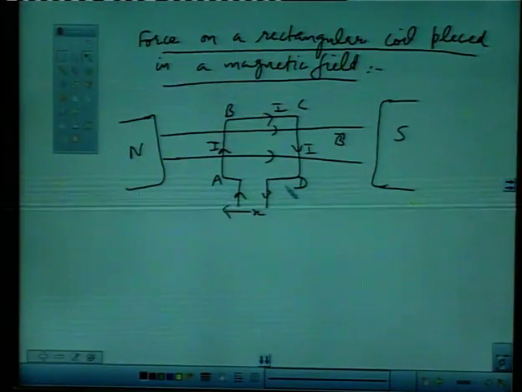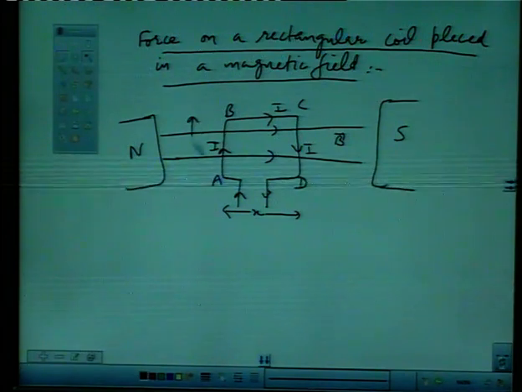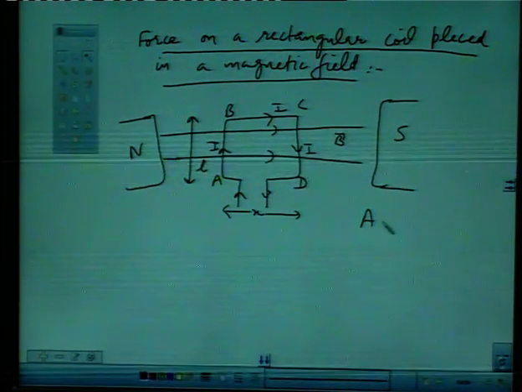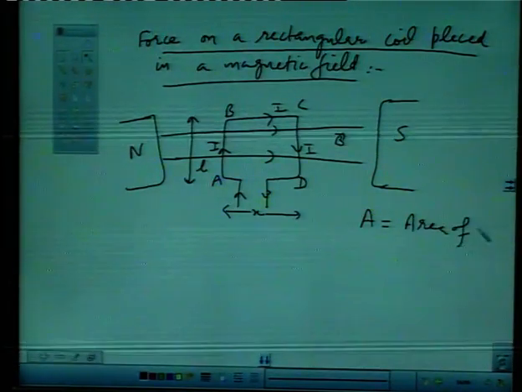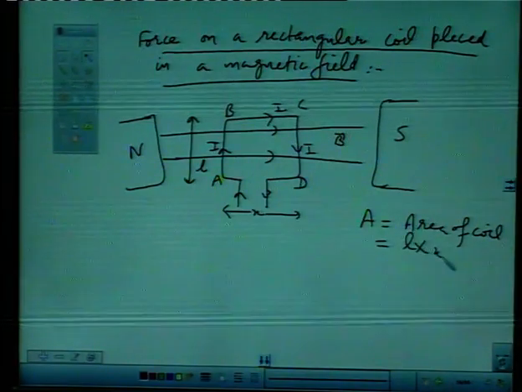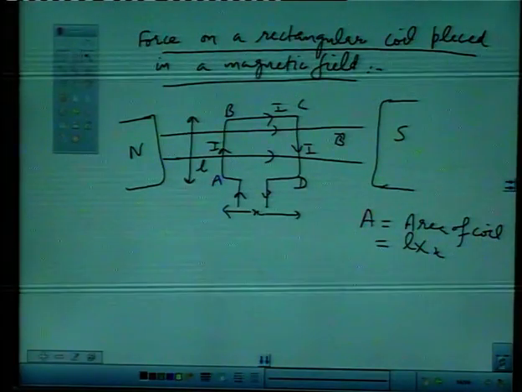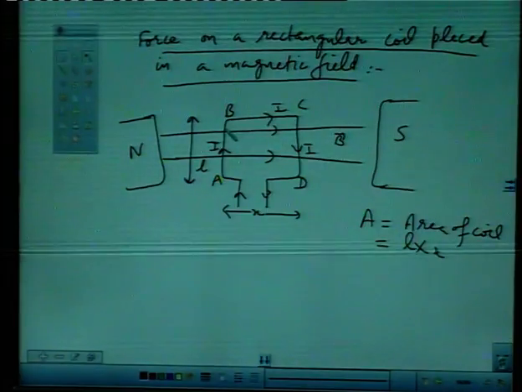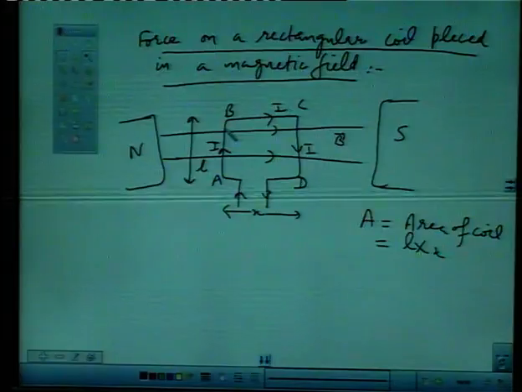The length between A and D is x and length AB is equal to L. So the area of the coil will be equal to L into x.